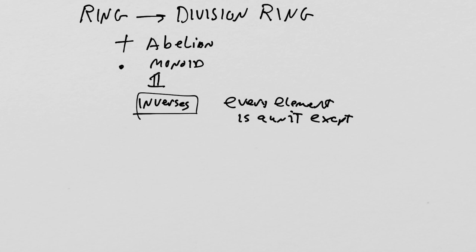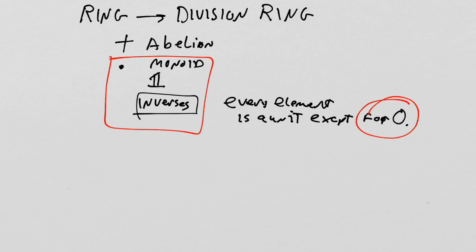except for 0, right? If every element had a unit without any caveats, then it would be a group under the monoid operation, because monoids are associative, there would be an identity, and every element would have an inverse.